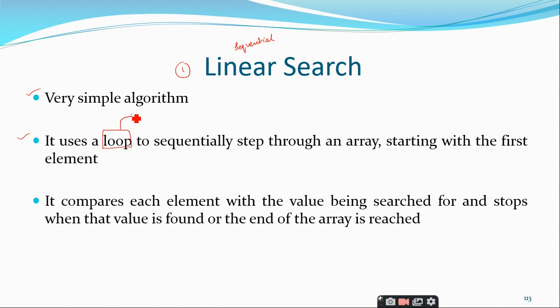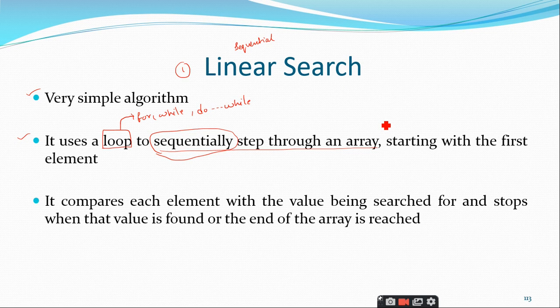In the C programming language, we will use loop constructs such as for, while, and do while, to sequentially step through an array. So how do you process the array? How do you compare the elements in the array? And if it is not successful, how do you go to the next element? All these things are done in a sequential fashion.